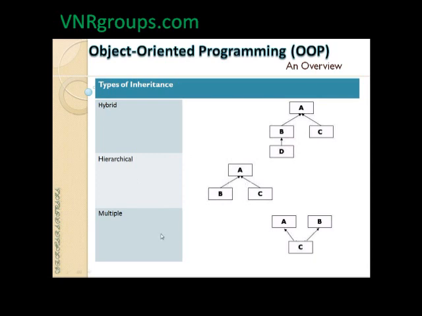You can do this. The last one is multiple inheritance, which is a little complex. Here one class is inheriting from two different classes at the same time. C is trying to inherit from multiple classes, which none of the other inheritance types were doing.